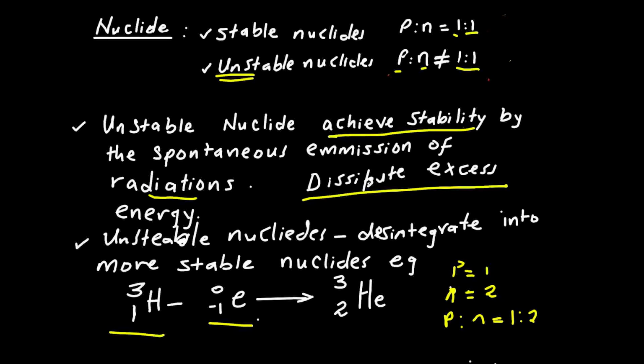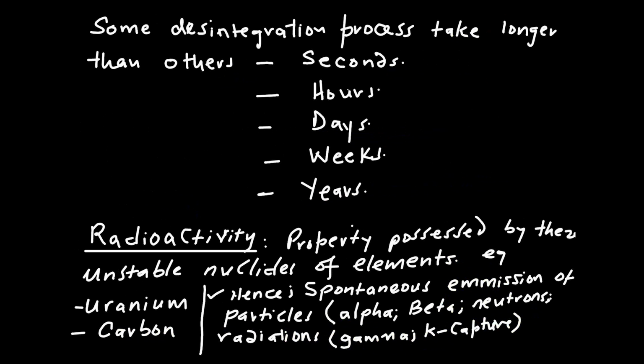Mass 3 minus 0 gives 3; 1 minus negative 1 changes to positive 1, giving 2. The atom whose nucleus has 2 protons is a helium. And therefore, on losing that particle, it gains stability.